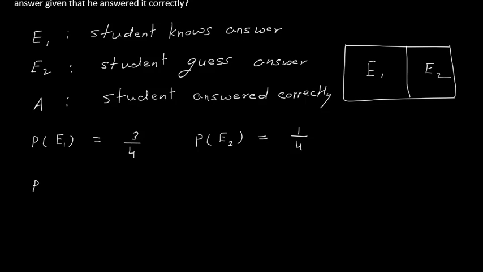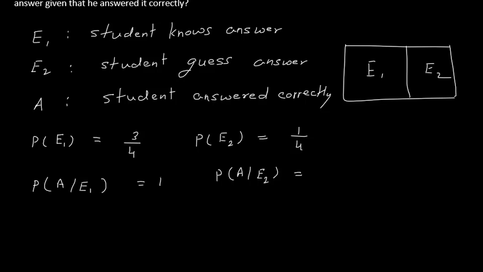Probability of answering it correctly when he knows the answer, so you should write 1 because 100% probability. And probability of A by E2, what is the probability that he answers correctly when he is guessing?